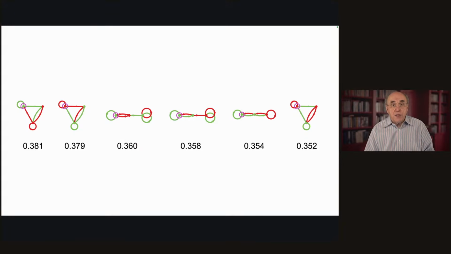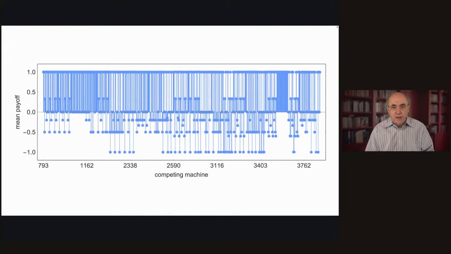So running these top machines, well, actually running just the very top machine, which happens to be the three-state machine 1164, against all distinct three-state machines, we get the following mean payoffs. So that's now running that particular machine, 1164, against all possible competing machines and showing the specific mean payoff after some number of steps for that competition.